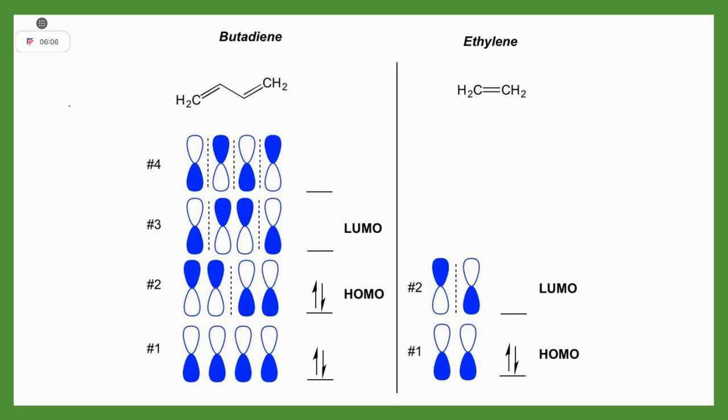So, at first, I have taught you how to draw molecular orbitals, right? Since 4 pi electrons are there in this butadiene system, we have drawn 4 molecular orbitals, right? One, 2, 3, 4. Four molecular orbitals, and number of wave function is equal to number of molecular orbitals. Let me write this thing.